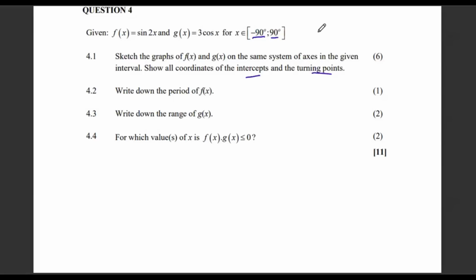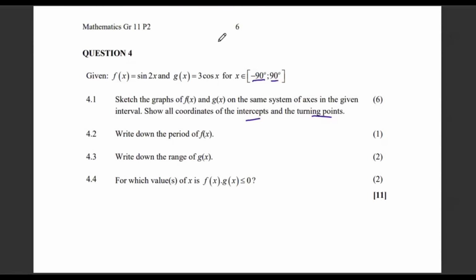Okay, so we just need to use our calculators so that we can draw this. So step number 1, for people that are using Casio calculators, you just have to press mode, and then look for the table format, and then from table, we can enter our f of x, which is the sine 2x.